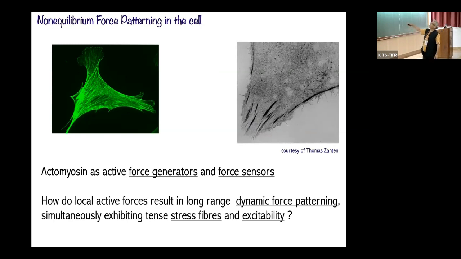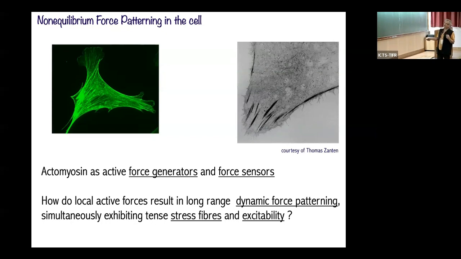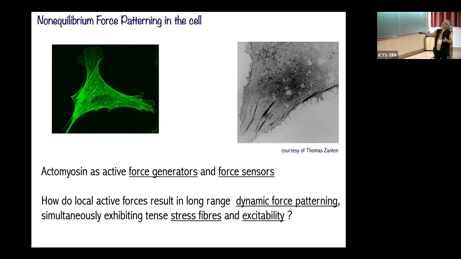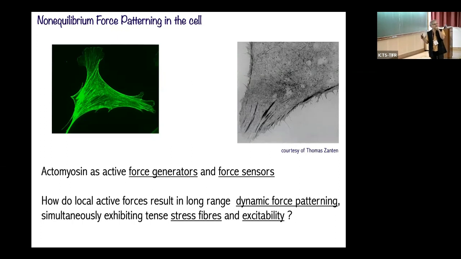And so you see there's a coexistence of excitable waves with these singular lines, these stress fibers. And this is a question that we've asked: how do these local active forces that are generated by actomyosin result in a long-range dynamic force patterning? How do they simultaneously exhibit such singular stress fibers and excitability? Okay, so this is the question we ask.